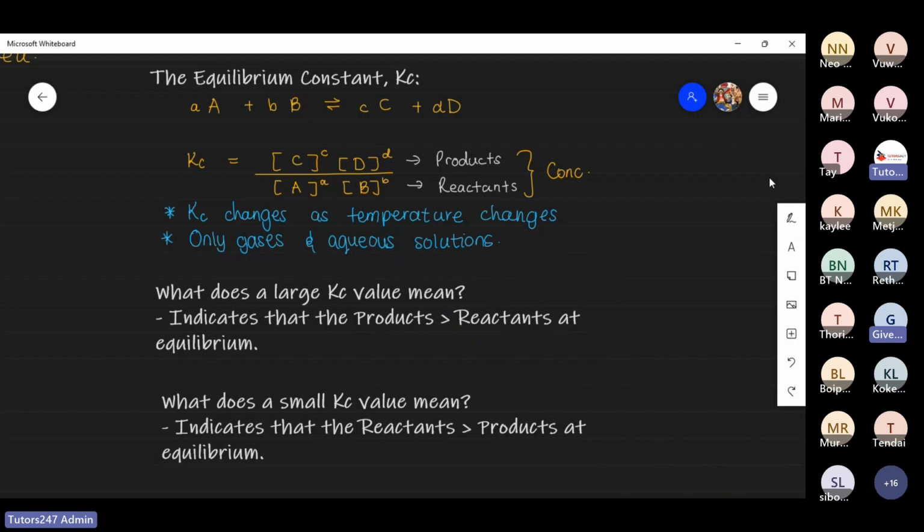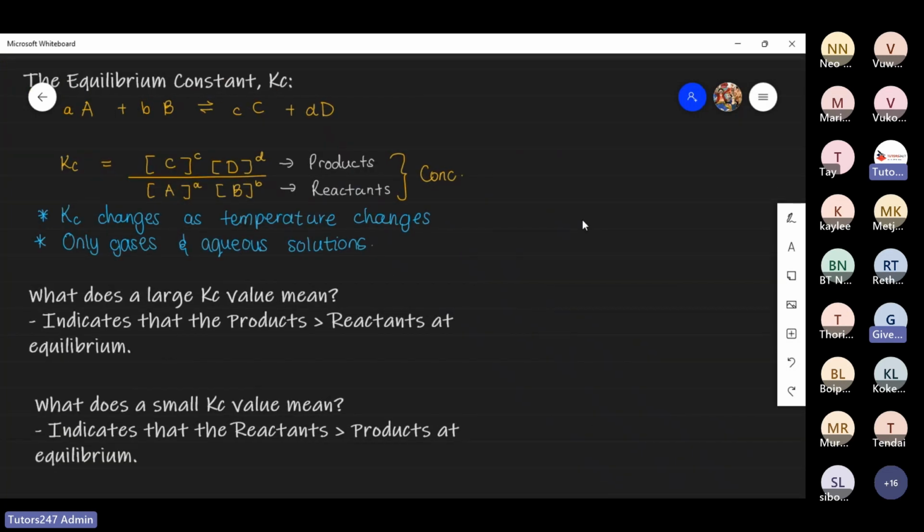Now, what does it mean to have a high or low Kc value? Think about it from a mathematical perspective. If you have a big numerator and a small denominator, so we'll substitute 10 in our numerator position and 2 in our denominator position, what is that going to give us?